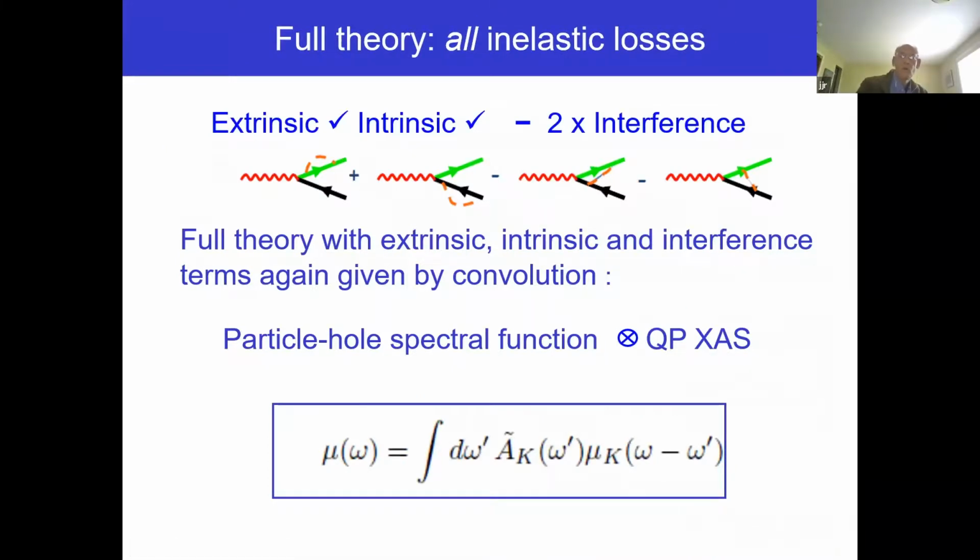We did a little better theory in which we included all the possible excitations, both the extrinsic and intrinsic from the core hole. Then it turns out you need to add these interference terms because you have to add amplitudes in quantum theory, and you also get a convolution.